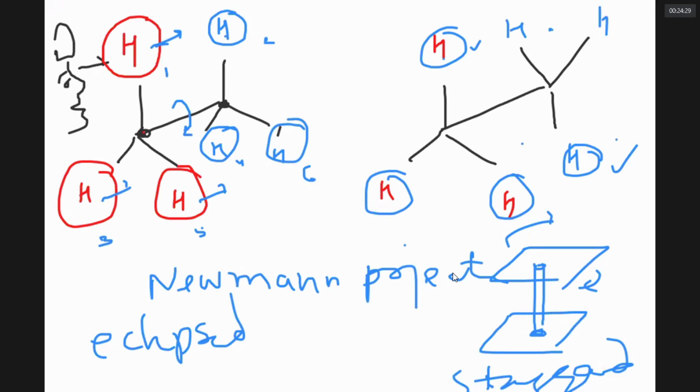Conformers are possible only when 2 atoms are linked through a single bond. Suppose I put another nail here, can you rotate now? No, sir. The second nail is opposing the movement, restricting the rotation.